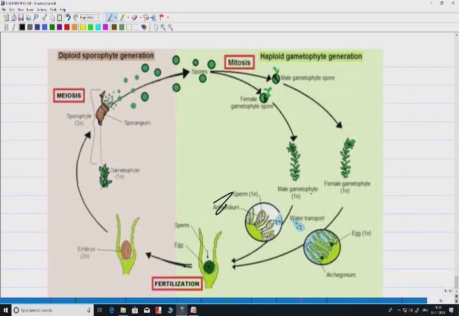If we consider the male gametophyte, it forms antheridium, and on this antheridium the male gametes will be produced. These male gametes are called sperms or antherozoids.